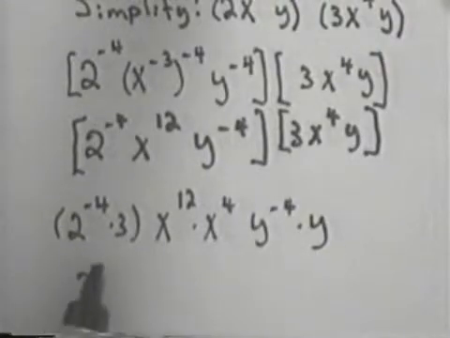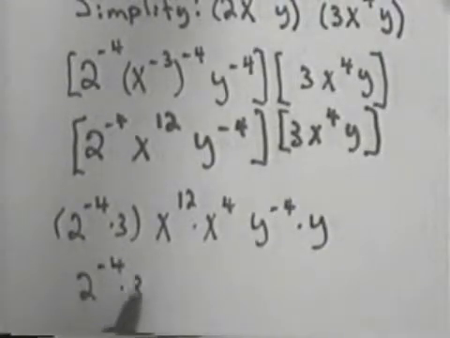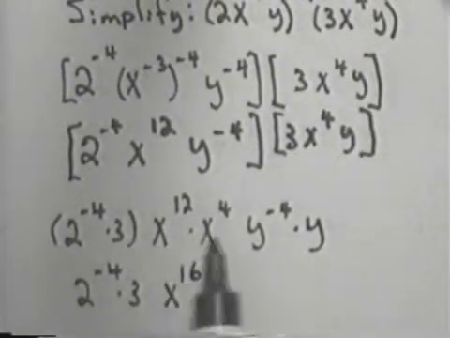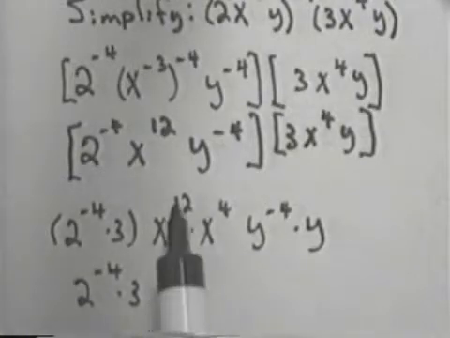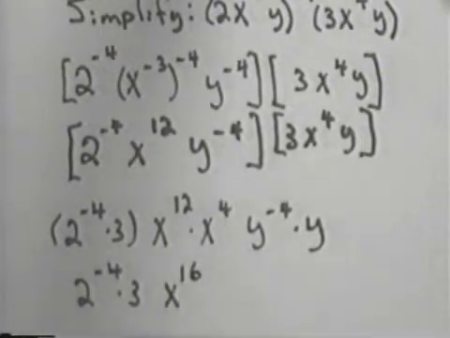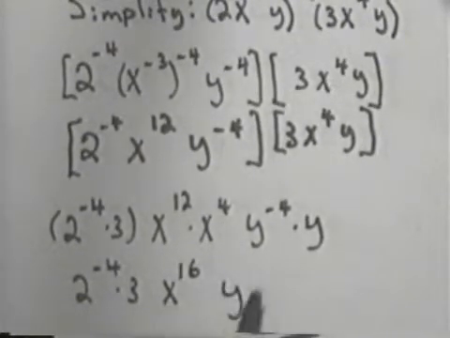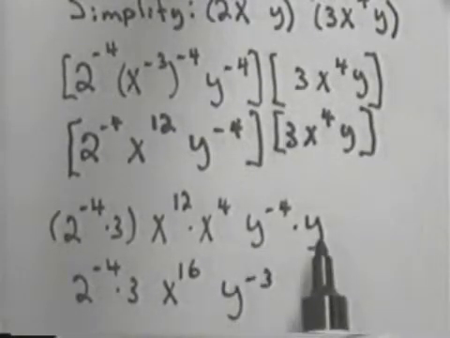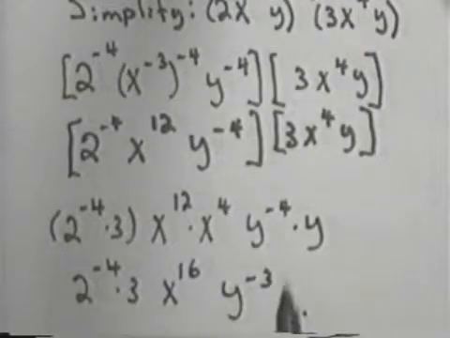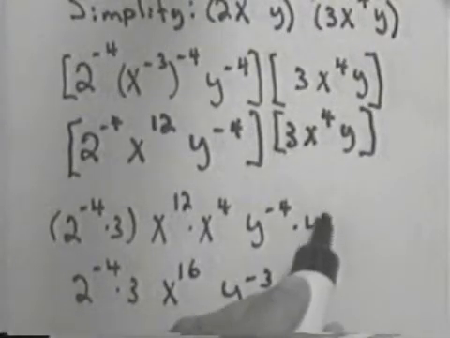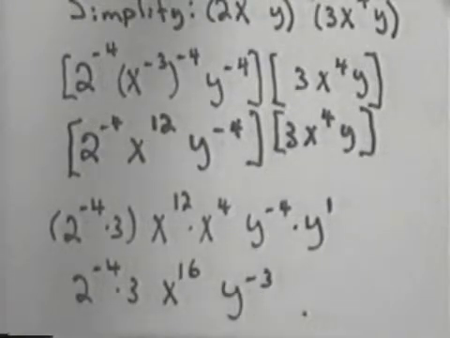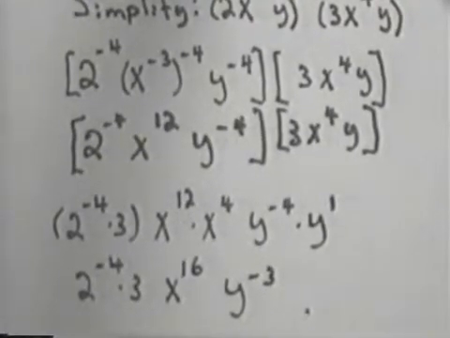So I get 2 to the negative 4 times 3 times x to the 16. To multiply powers having the same base, keep the base, add the exponents. 12 plus 4 is 16. Y to the negative 3. To multiply powers having the same base, keep the base y, add the exponents. Now there's not an exponent here, but it's understood to be 1. Negative 4 plus 1 is negative 3.